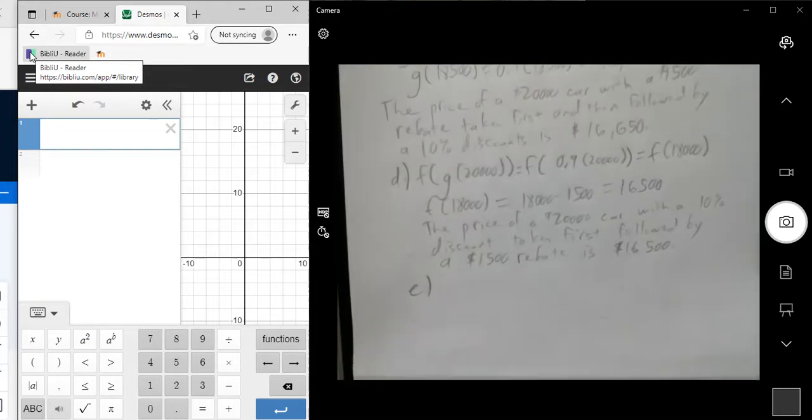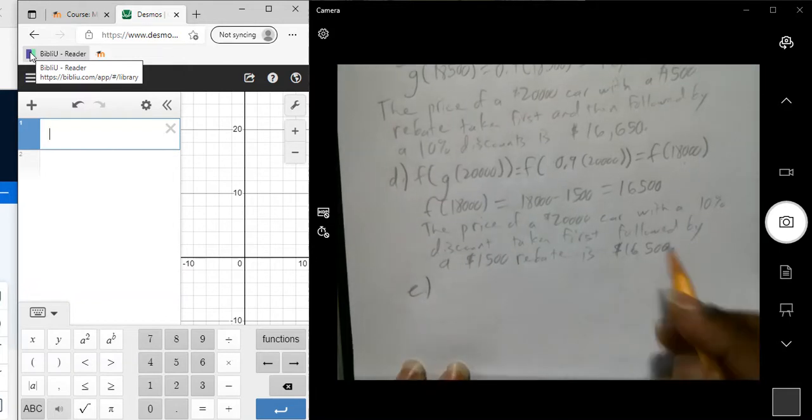Now we come here to E. It says compare the sale price obtained by subtracting the rebate first and then taking a discount with the sale price obtained by taking a discount first, then subtracting the rebate. Okay, basically they're asking you to compare which one is better.